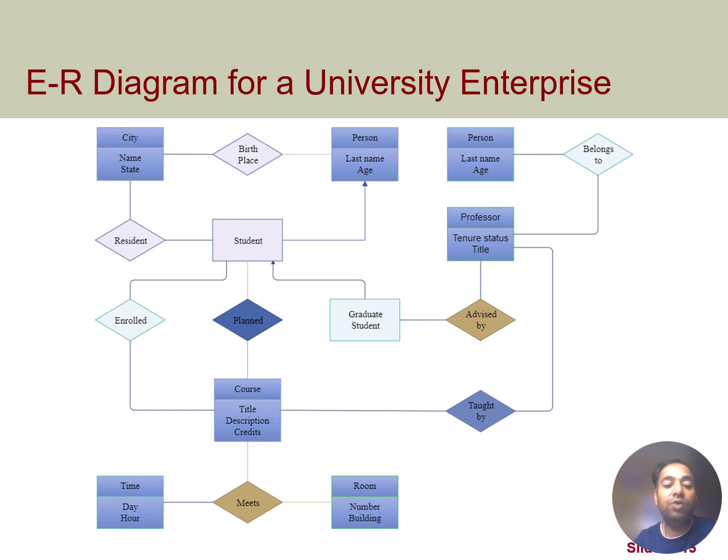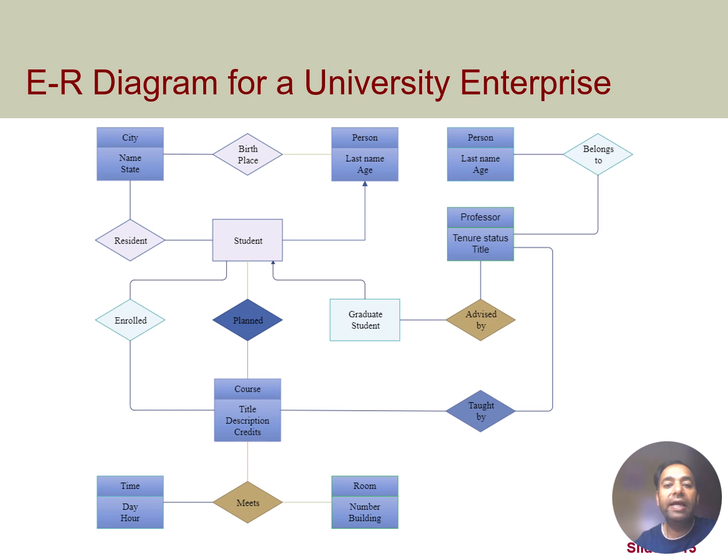Next we have graduate student, a specialized form of student, possibly with added constraints or attributes. Next we have professor, a subtype of person, with attributes like tenure status and title, related to student through advised by and course through taught by. Next entity is course.